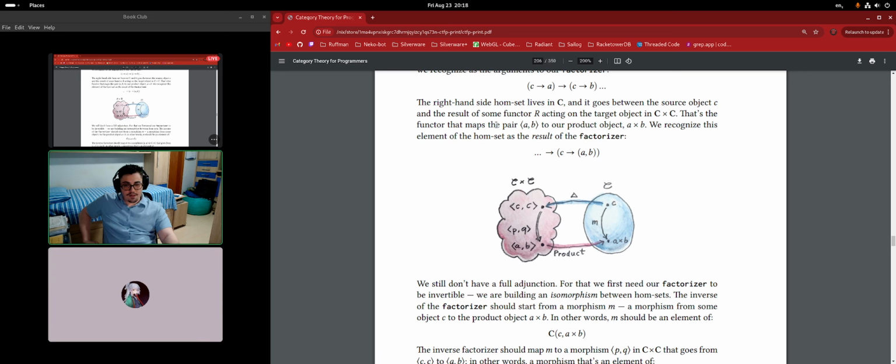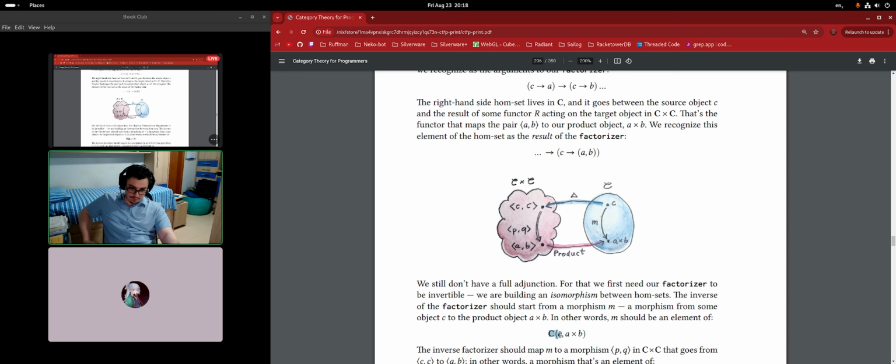That's the functor that maps the pair AB to the product object AB. Oh, I see. I got confused because C in this case is an object of the destination category, which in this case is C. Okay, I see.